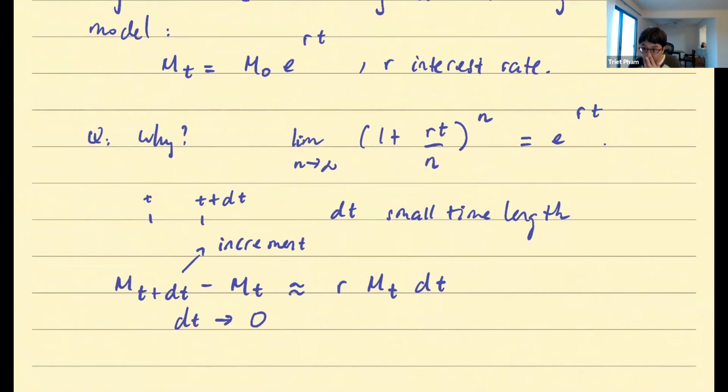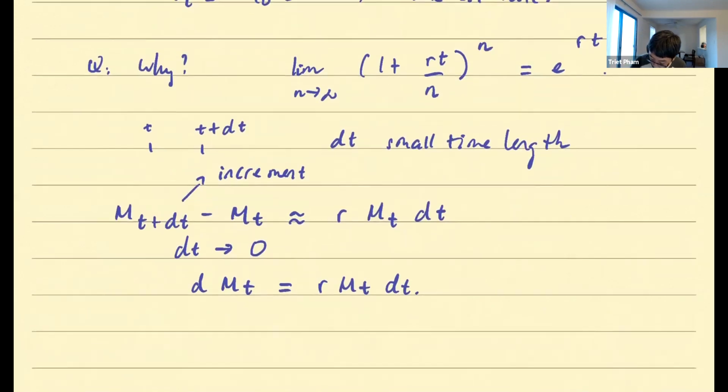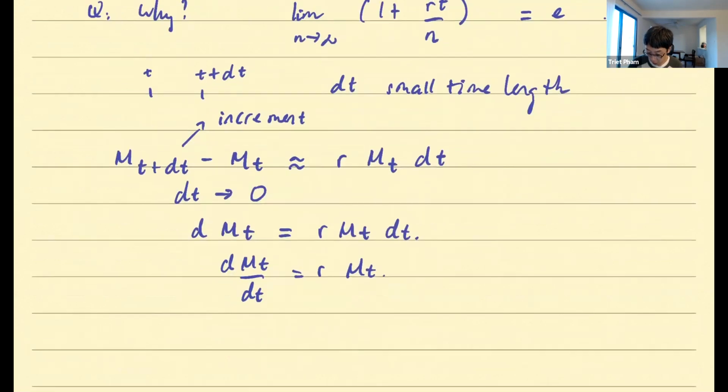What do we mean by it gets precise? It gets precise mathematically by moving to this kind of notation: dM_t equals r M_t dt. Now, you may still say that doesn't seem like something I know. Well, it will be if you do this, because then you recognize this quantity as what your calculus teacher would call the derivative of m with respect to t.